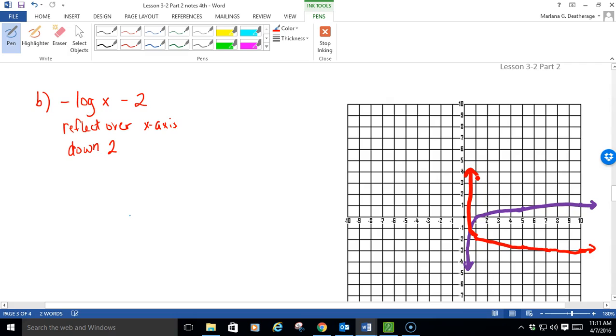So there you go. Alright, we're going to stop right there. And there's one more, but do you think you have the idea of the transformations? Okay, and it could be any. It could be log base 2, it could be natural log, okay? But the transformations work the same no matter which log it is, okay?